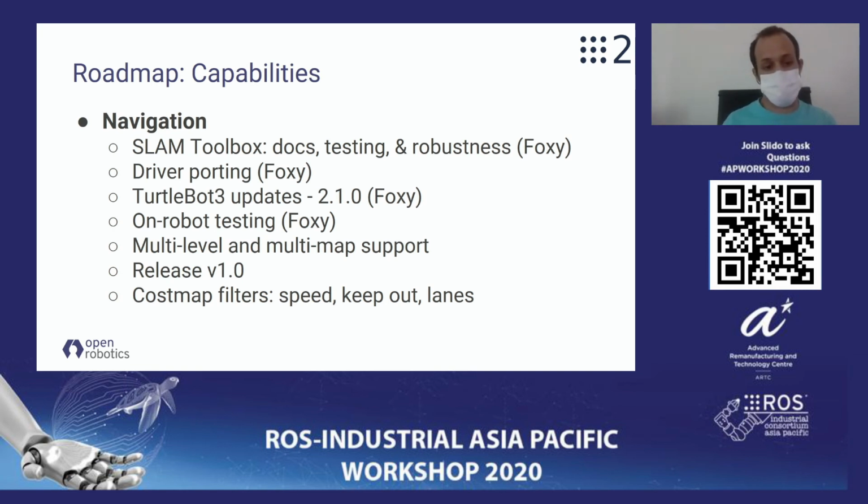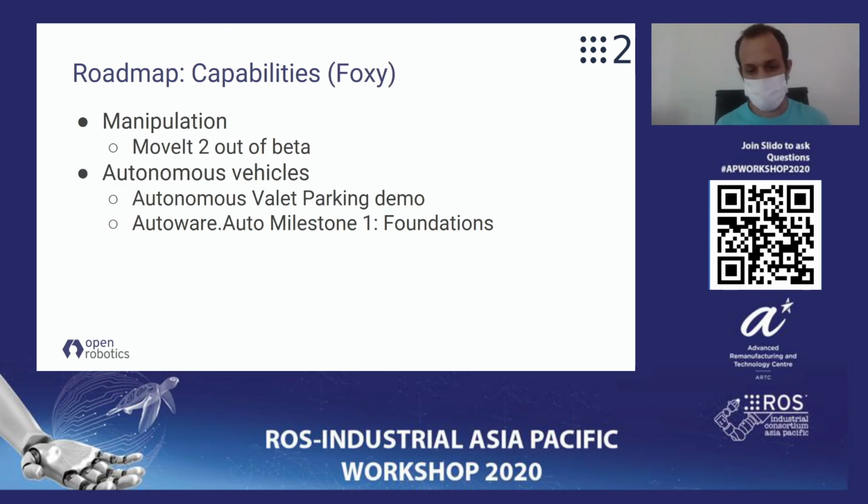And we're working on multi-level and multi-map support, the release of version 1.0, and costmap filters with the idea to set traffic lines, different speed zones, stuff like that. Next.